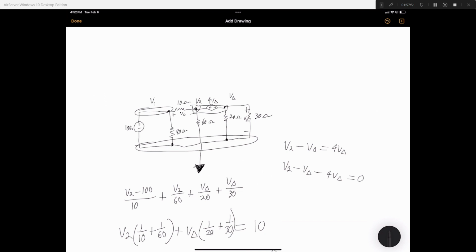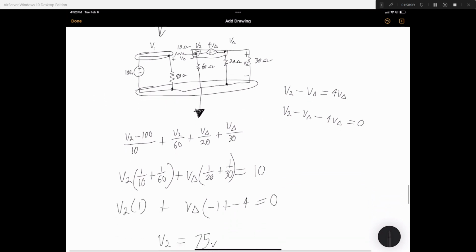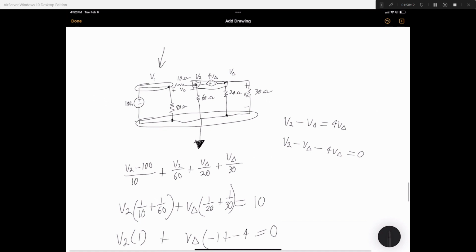So, the power supplied by this 100-volt source here would be equal to the current coming in times that, possibly.